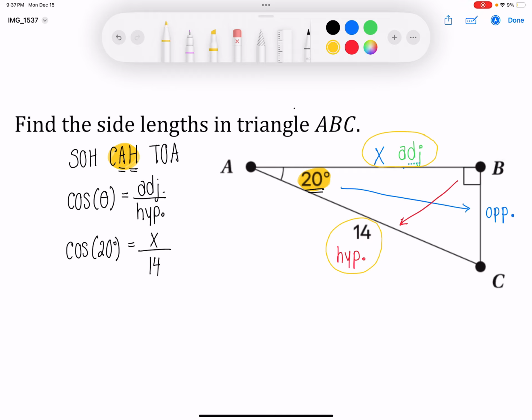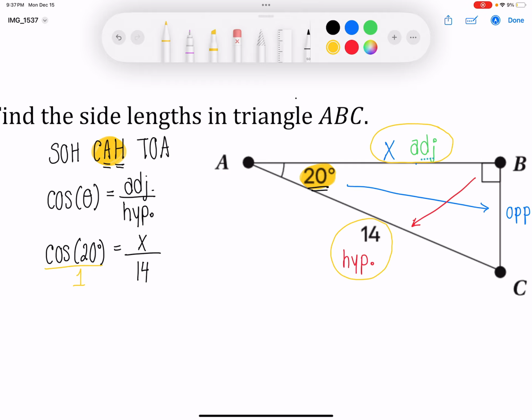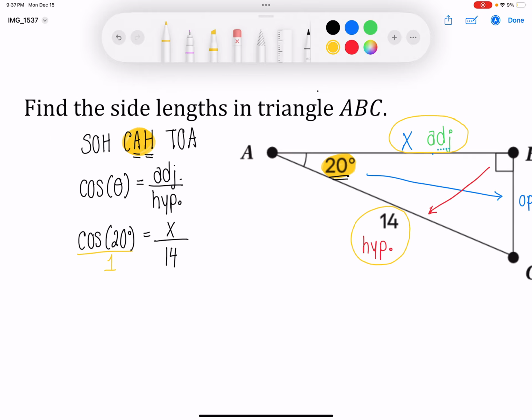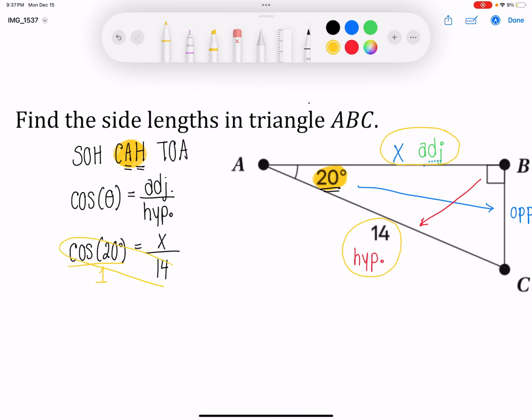And now we're going to put an invisible 1 underneath cosine of 20 degrees, and we are going to cross multiply. So we get that x is equal to 14 times cosine of 20.